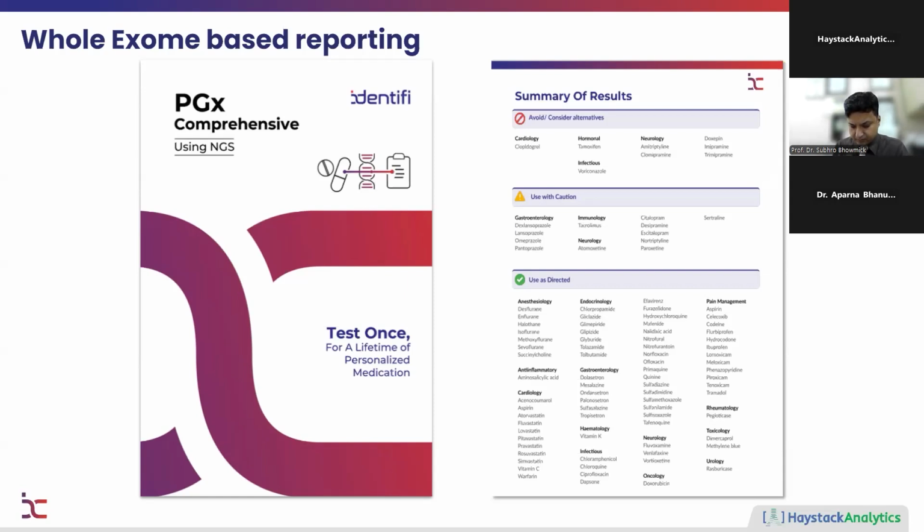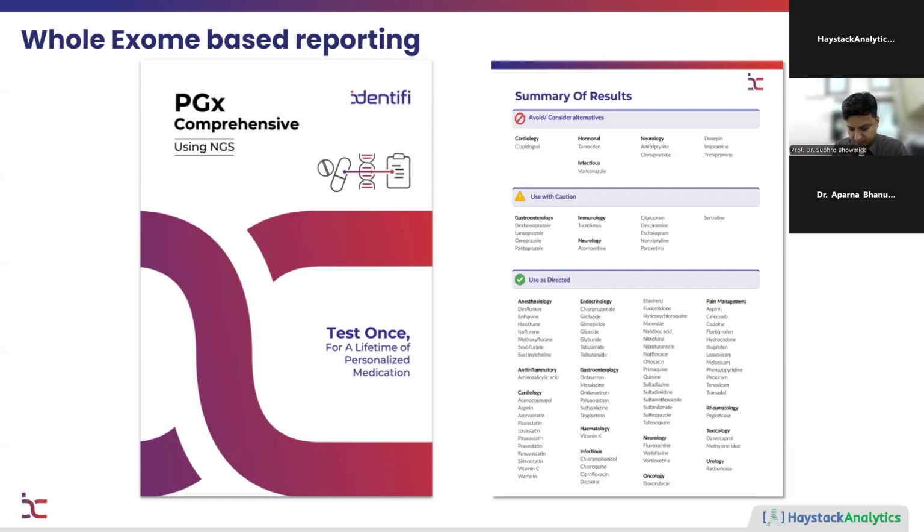So I would just like to talk about the pharmacogenomic solution that we have developed at Haystack Analytics. The pan pharmacogenomics solution looks across 15 categories and gives drug recommendations for almost 93 drugs. I would just like to show the report.